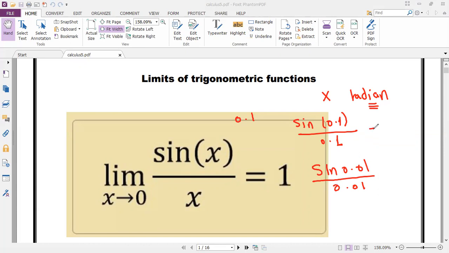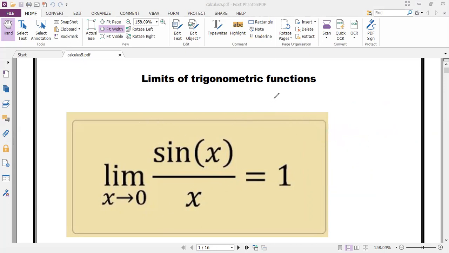You will find that the function approaches 1 as x approaches 0. So we have an important rule now, which is limit of sine x divided by x equals 1 when x tends to 0.